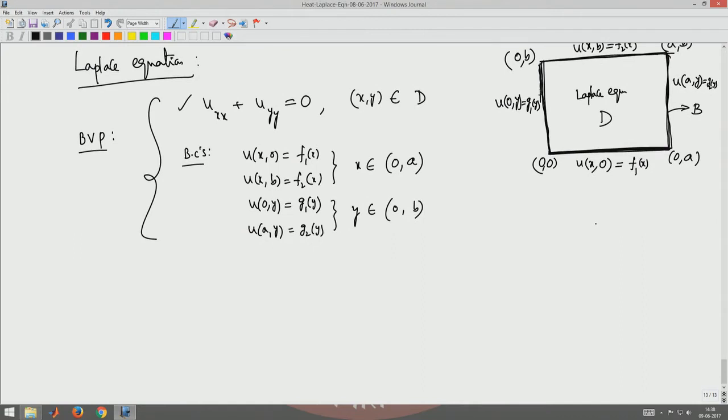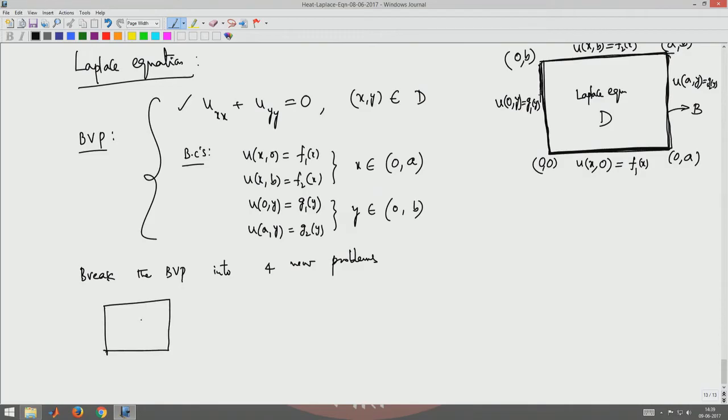4 problems. So break the above boundary value problem into 4 new problems. How do we do this? I will show graphically what it is.